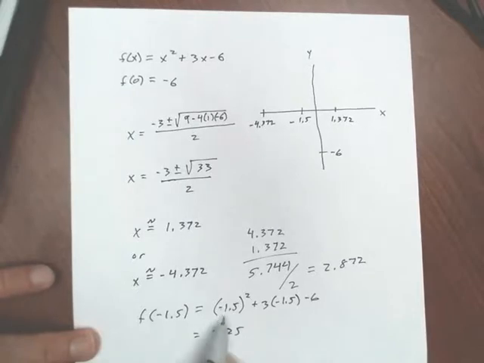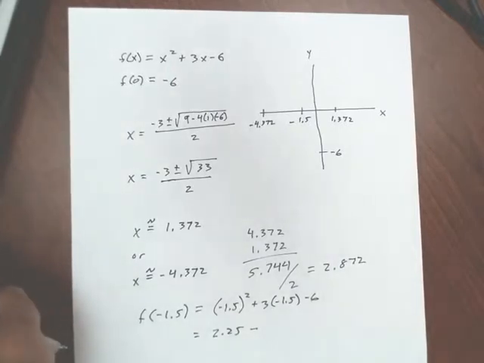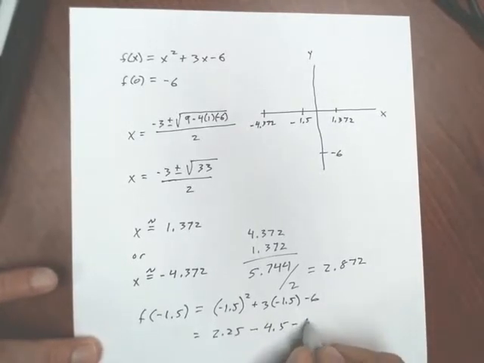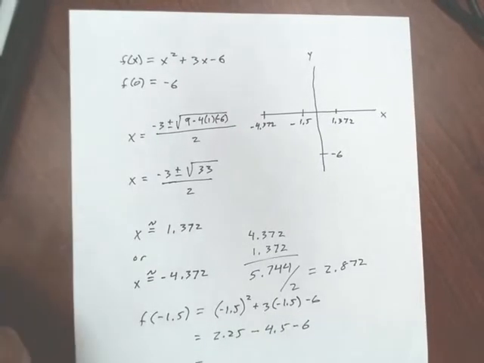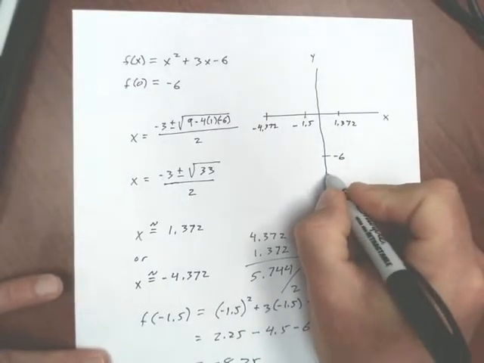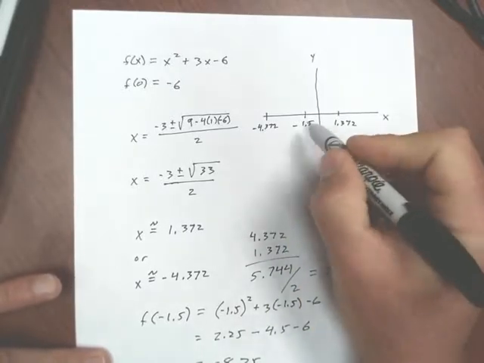It's positive because I'm squaring a negative, which gives me a positive, minus 3 times 1.5, which is 4.5, minus 6. So this is 2.25 minus 4.5 minus 6 equals negative 8.25. So that's the y-coordinate of my vertex, negative 8.25.